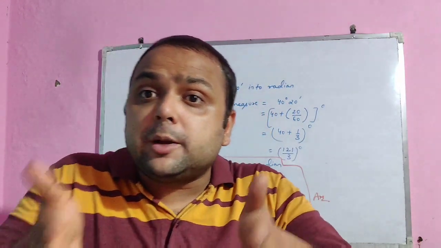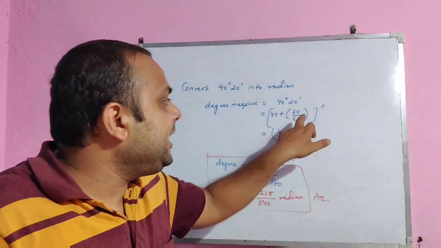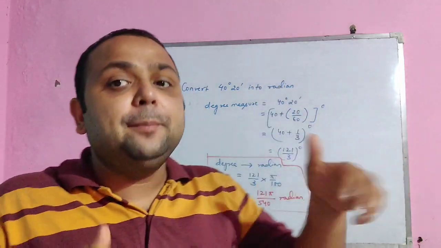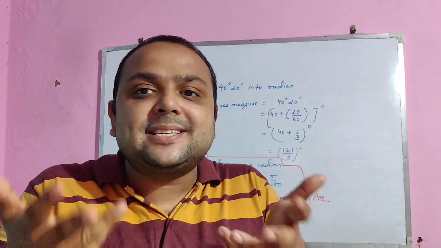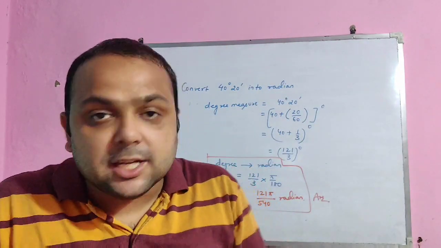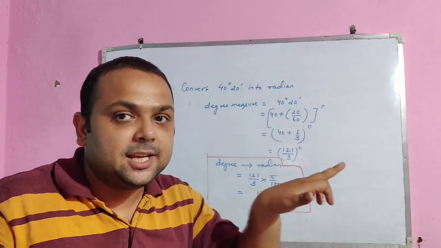So in order to convert minute to degree, it should be divided by 60. That is, 20 must be divided by 60. So we have 40 degree plus 1 upon 3, because 20 minutes can be converted to degree by dividing by 60. So after simplifying this, we get 121 by 3 degree.